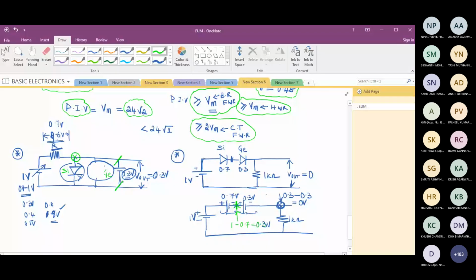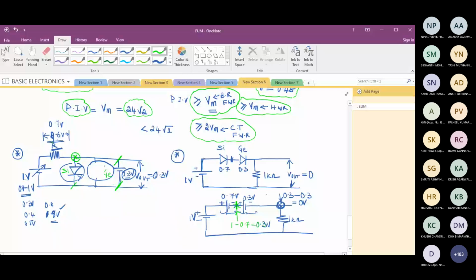So what is the potential across the silicon diode now? 0.3. Will it conduct? No, sir. Now you may ask, we have applied 1 volt here, and how come we are getting 0.3? The rest is appearing across the resistance R. We are getting the drop of 0.7 across the resistance.